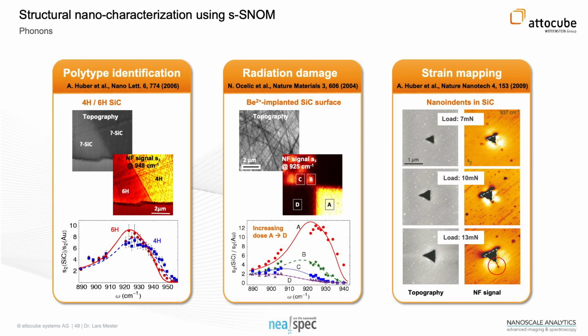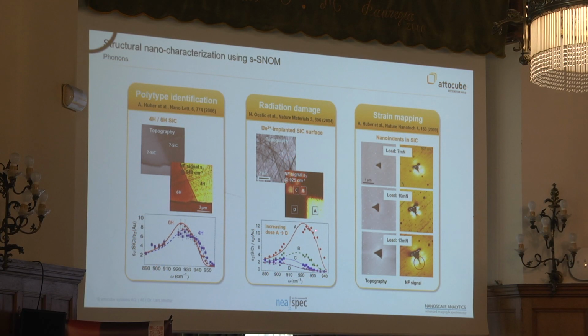We can also see radiation damage. For example, when implanting ions into a crystal lattice, the crystal lattice will be damaged, which weakens the phonon resonance. And this can be imaged. This can be seen in spectra. The more dopants we use, the more we damage our phonon. And we can image this.